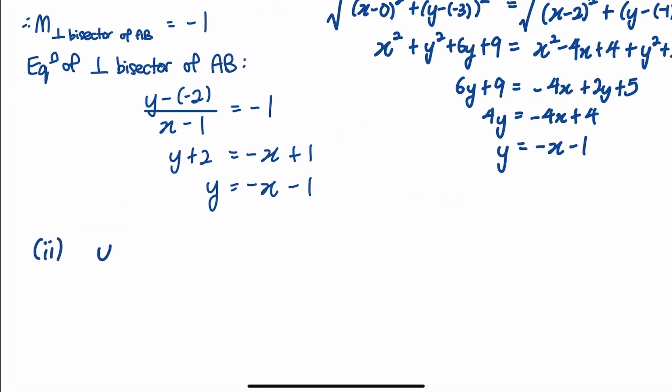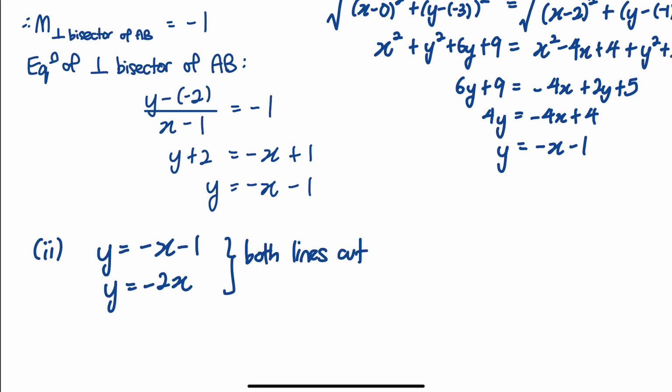y equals negative x minus 1, and the other equation that cuts the center of the circle is y equals negative 2x. Both lines cut the center of the circle. So to find the center of the circle, I just need to solve them simultaneously.